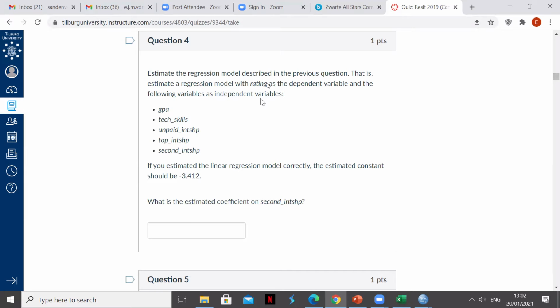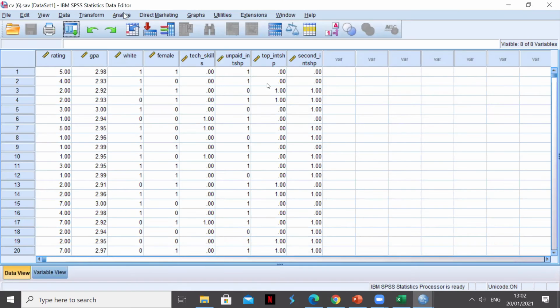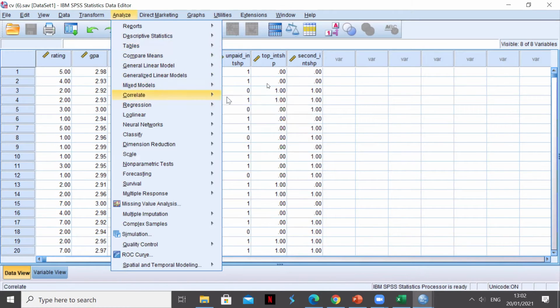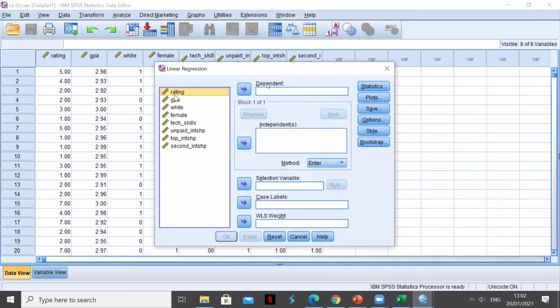You have rating as the dependent variable, and we want GPA, technical skills, unpaid internship, top internship, and second internship as the independent variables. So you go to analyze, regression, and linear. You want rating as your dependent, and GPA, tech skills, unpaid internship, top internship, and second internship as your independent. You put them in and you click OK.